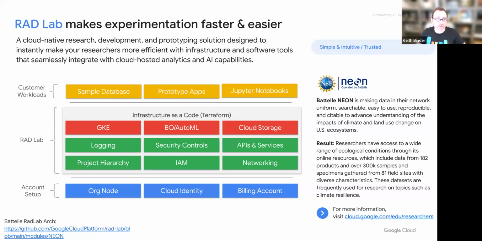So an end user could use the open source RadLab toolkit, spin up the Battelle Neon module, and within that module, we would provide an example Jupyter notebook pre-configured with the data sets that Neon provided to the public, as well as example queries. So the end user could see how to interact with that data set. And they saw the usage increase dramatically by providing those examples.